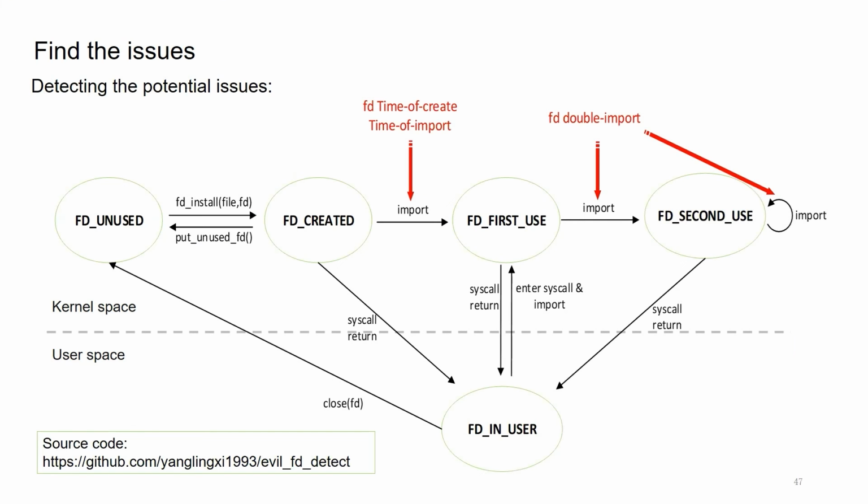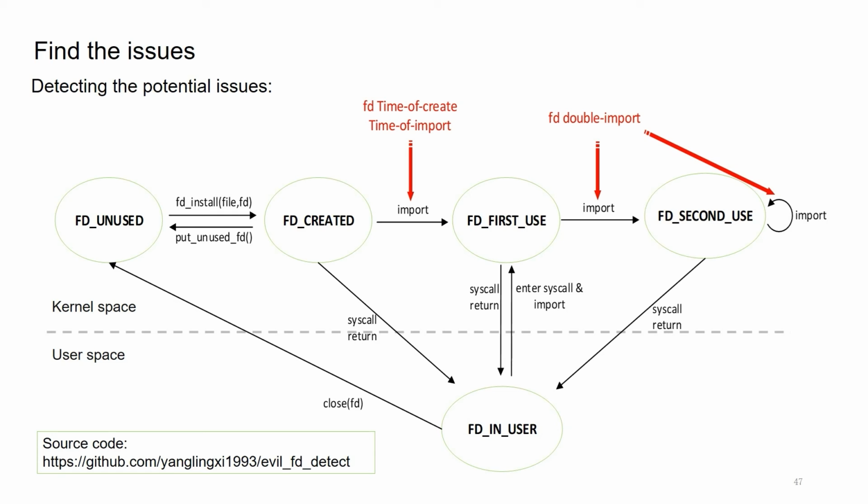The two types of issues in the scenario of FD import operation can be located clearly in the life cycle of an FD. The FD time-of-create, time-of-import issue might happen when the FD state changes from FD created to FD first use.